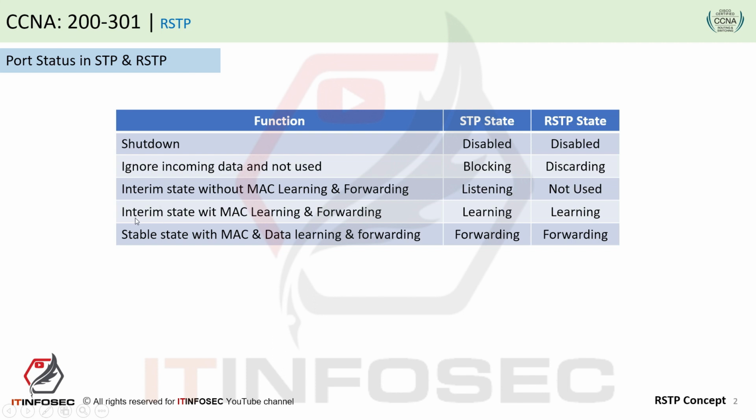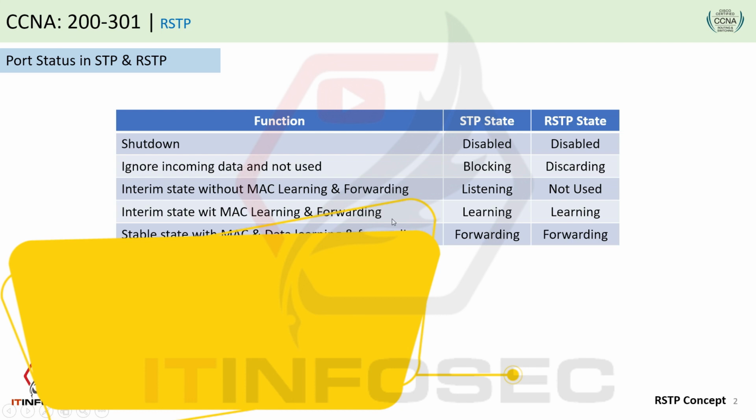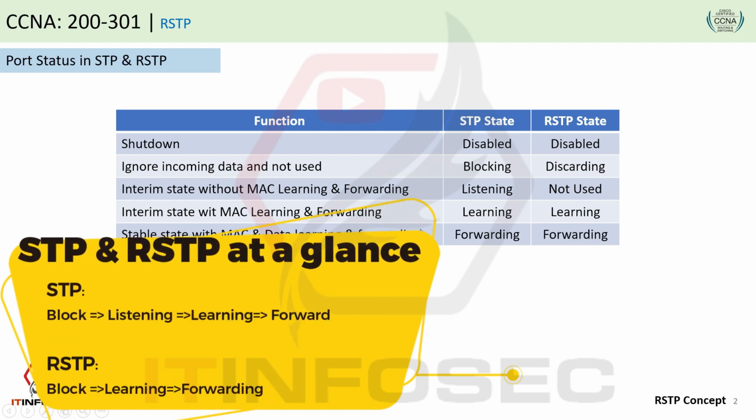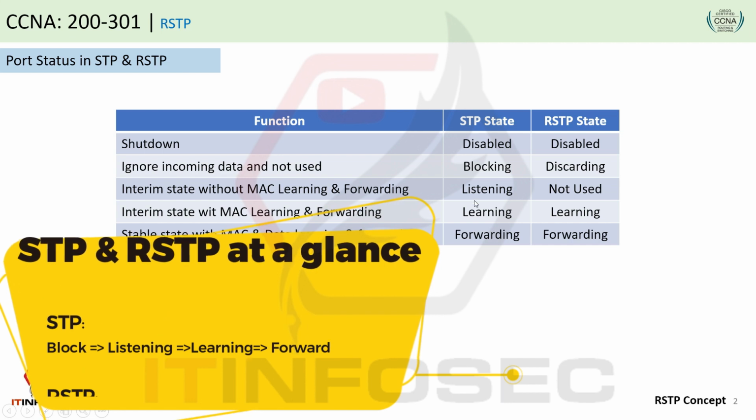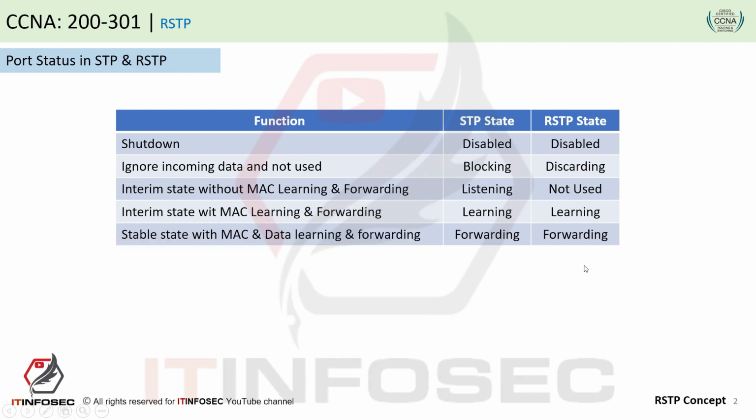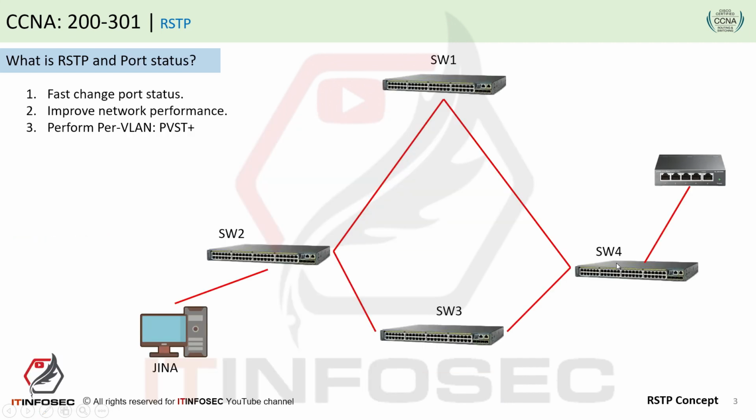If the port is in an interim state with MAC learning but no data forwarding, it is learning in STP, and in RSTP shown as learning as well. And in a stable state with MAC learning and data forwarding, in STP it is forwarding, and in RSTP shown as forwarding.